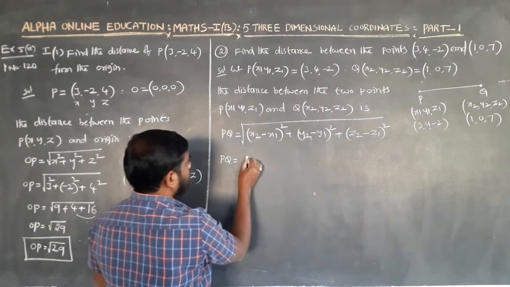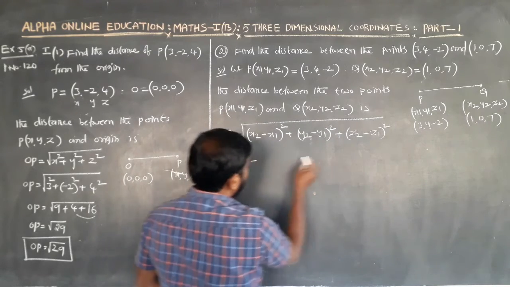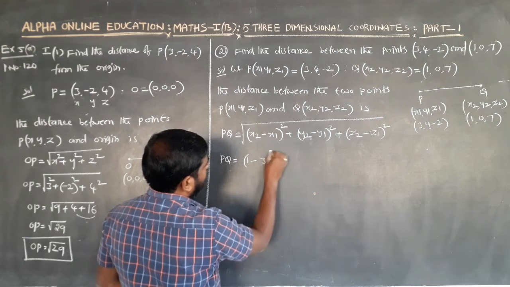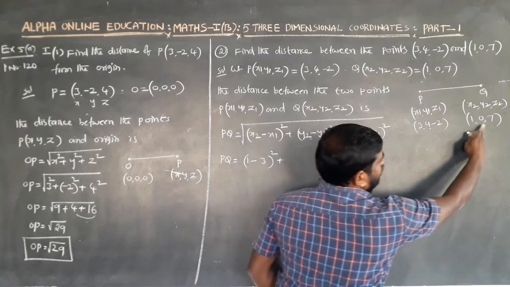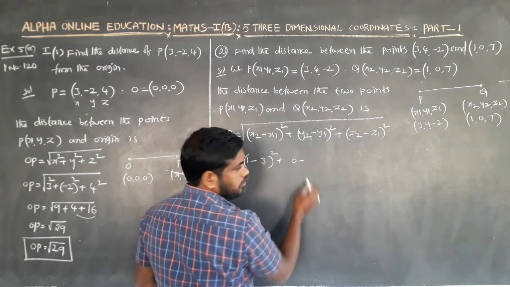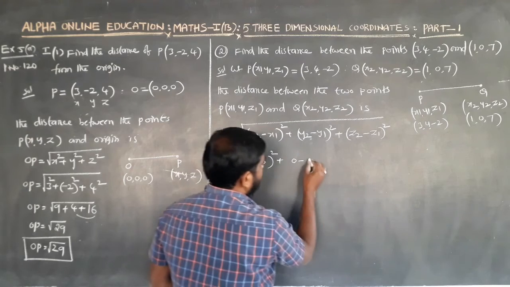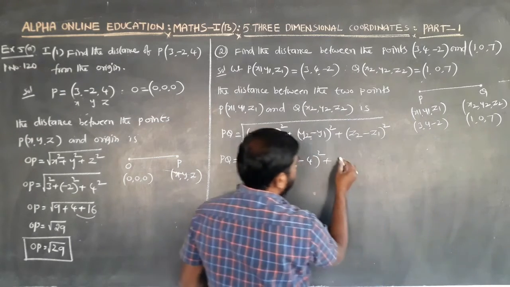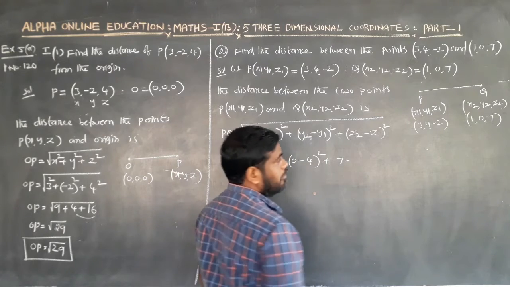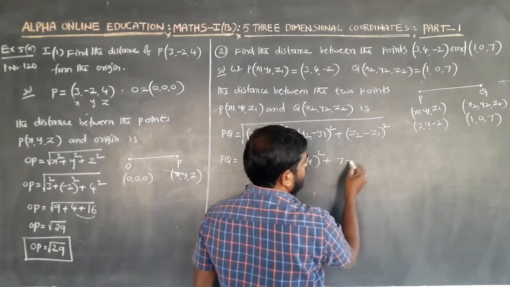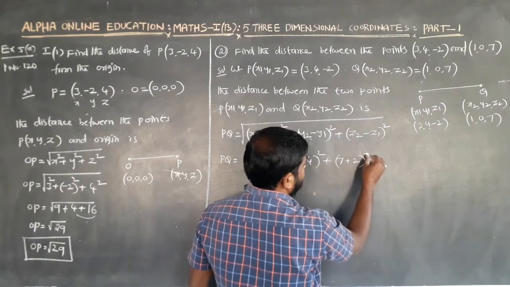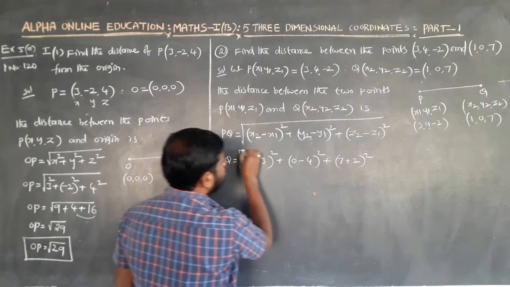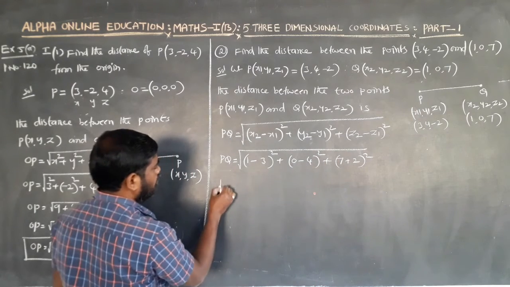Substituting: x2 = 1, x1 = 3, so (1 − 3)²; y2 = 0, y1 = 4, so (0 − 4)²; z2 = 7, z1 = −2, so (7 + 2)² under root.